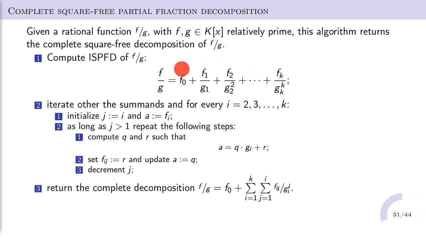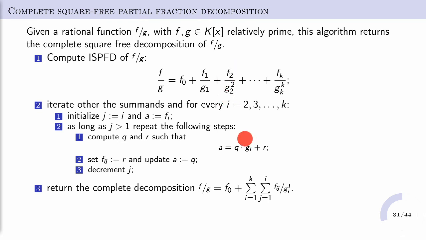The first two summands are okay. Starting from this summand, from G2, from the index 2, we do a loop. We loop over all the summands starting from index 2 up to the end, and for each summand, we do what I just presented.